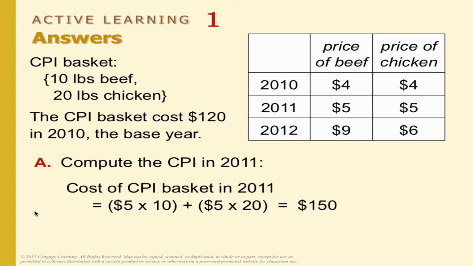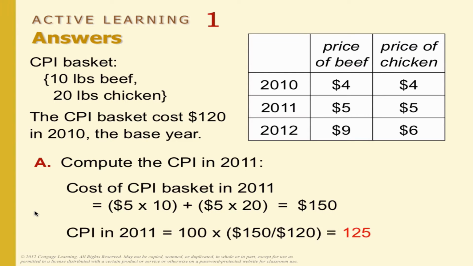You had to calculate the cost of the market basket in 2010, but it gave it to you, right? So if you didn't read everything and actually calculated it, silly you, you lost 30 seconds taking the exam. Read everything before you start working. So your CPI in 2011 was 125.